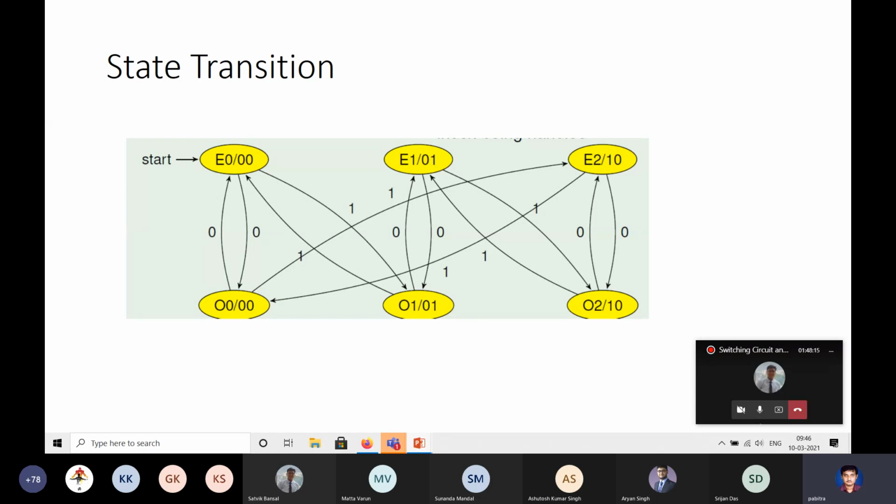Whatever FSM can be expressed as a Moore machine can also be expressed as a Mealy machine and vice versa, which means that any Moore machine can be converted to a Mealy machine and any Mealy machine can be converted to a Moore machine. Of course, the number of states will be different, and the logic will also be different, but they can be converted. So in the next class, we will see the procedure for converting a Moore machine to a Mealy machine and a Mealy machine to a Moore machine. Okay, so thank you for today.